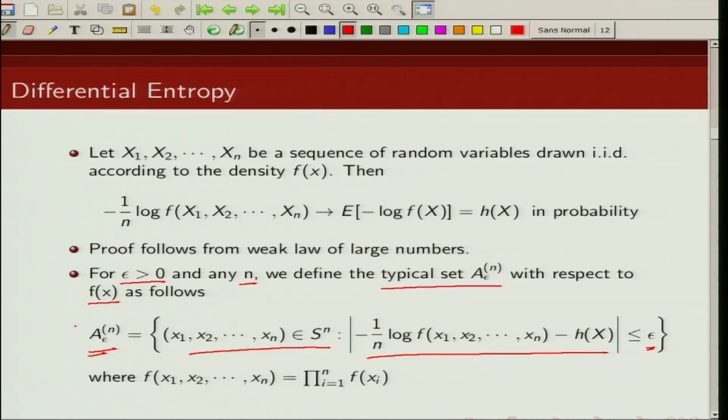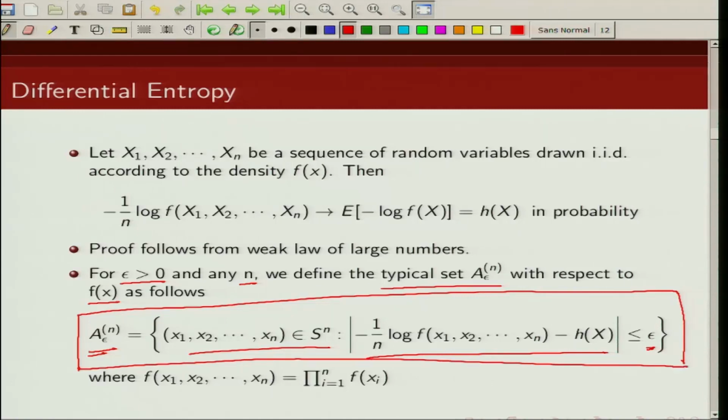So very similar to how we defined the typical set for the discrete case, for the continuous random variable also we can define a typical set.